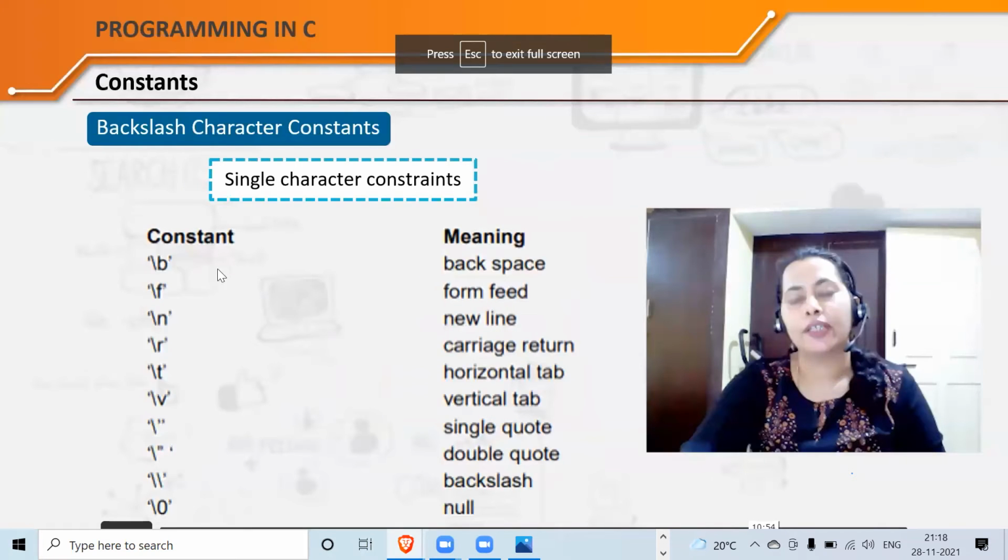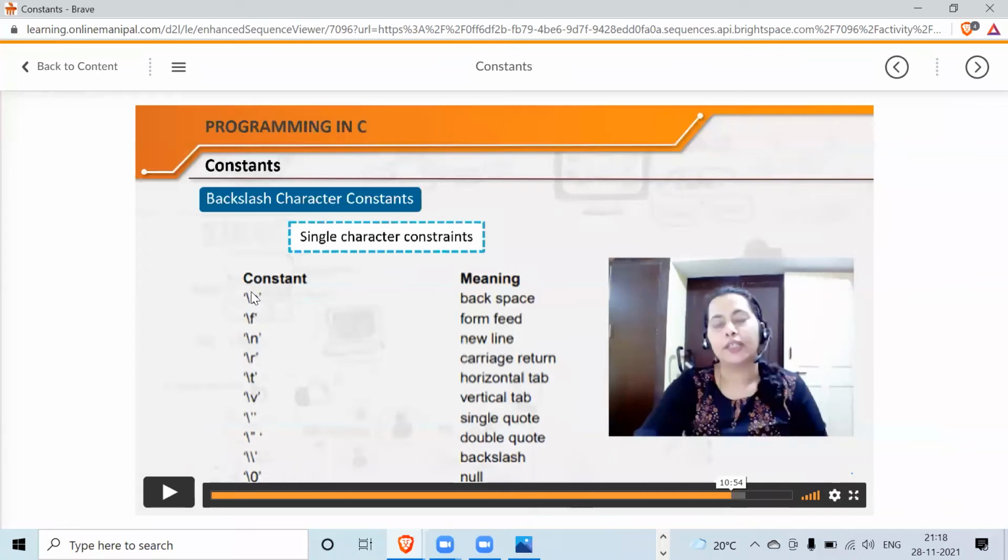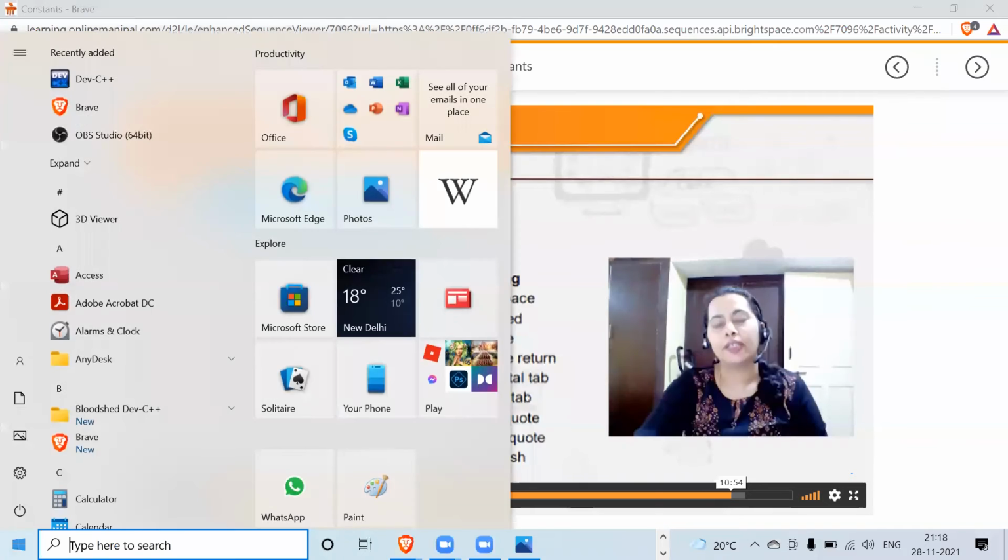Now, these are called backslash character constants. They are used to format the output in a certain way. I have made a small C program also to show how there is slash b, slash f, slash n, slash r, slash t, slash v. These all do something: if you want your output to look a certain way, you use these.